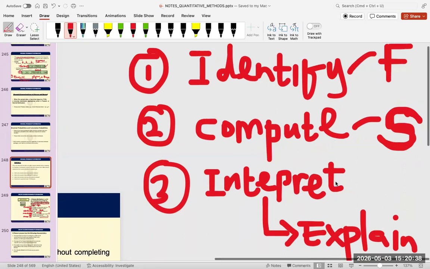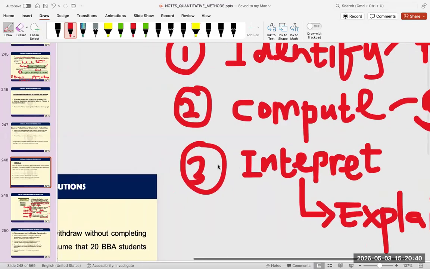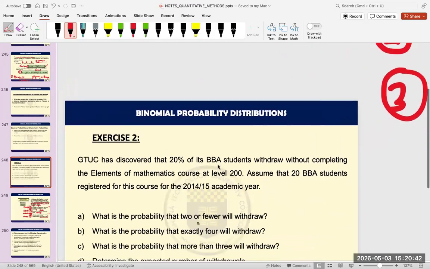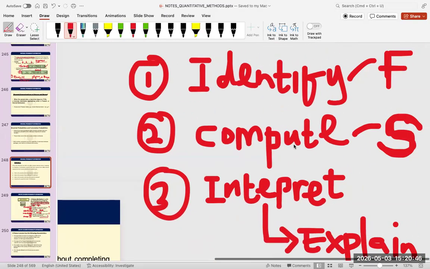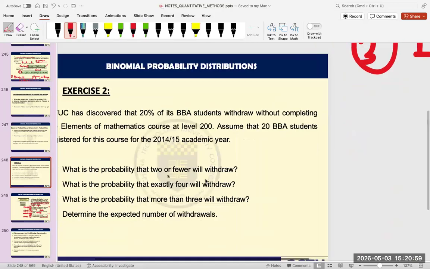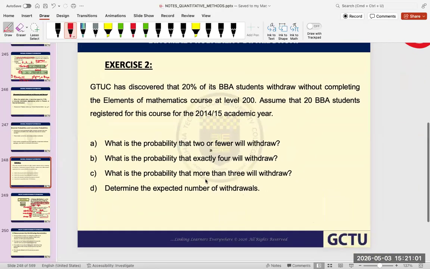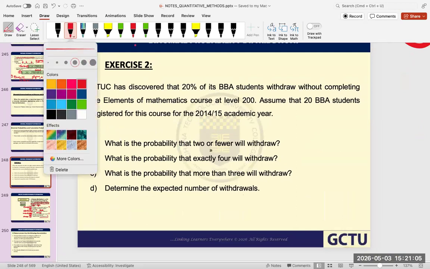And then after that, you explain your answer. Let's apply that to this question. I'm just showing you the process, the 3-way process that can always help you to analyze your question and to solve them well and to give a better interpretation. So let's look at this question and see how we can go through the three processes.